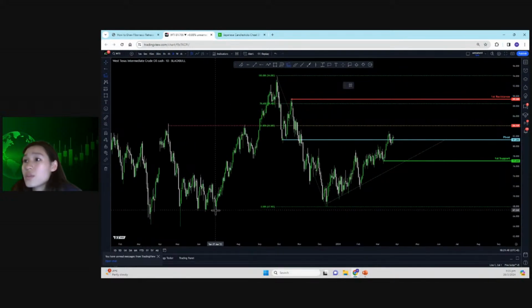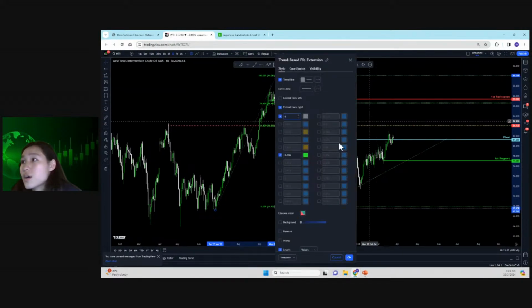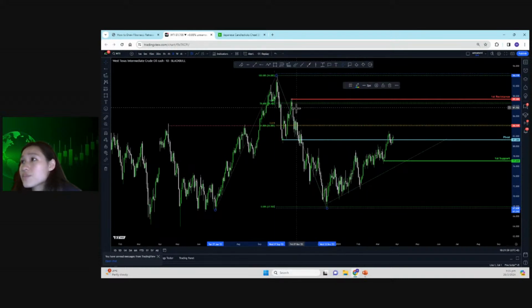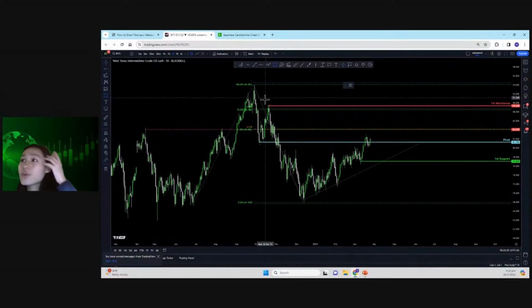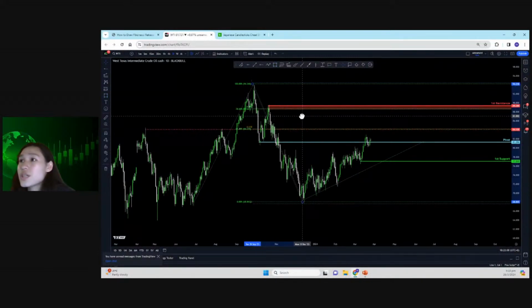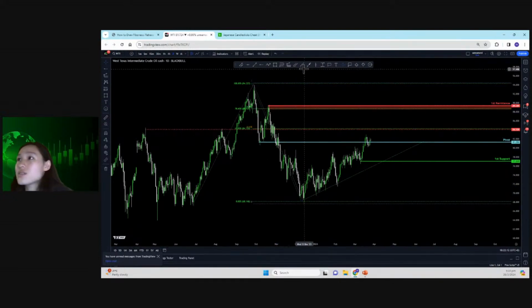Okay, going in with a projection, we see that 78.6 lines up. Okay, so our 78.6, there is a confluence area here, and here as well at our intermediate resistance.